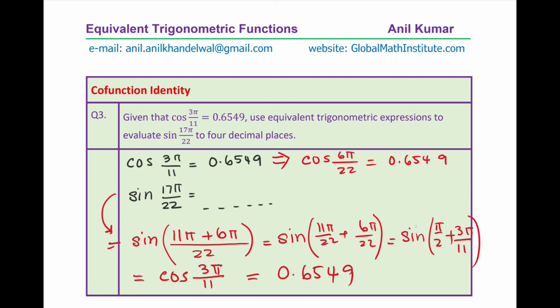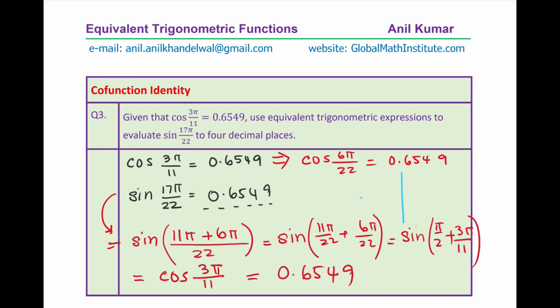As soon as you get pi by 2 plus some angle or minus some angle, you can write sine as cosine. So we wrote this as cos of 6 pi by 22, or the original 3 pi by 11. The value was given to us, and therefore now we can write down our answer that sine 17 pi by 22 is 0.6549. Does it make sense to you?